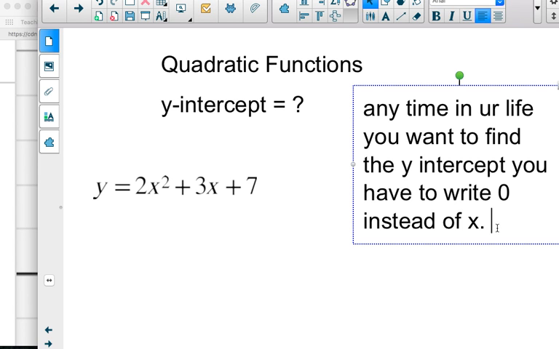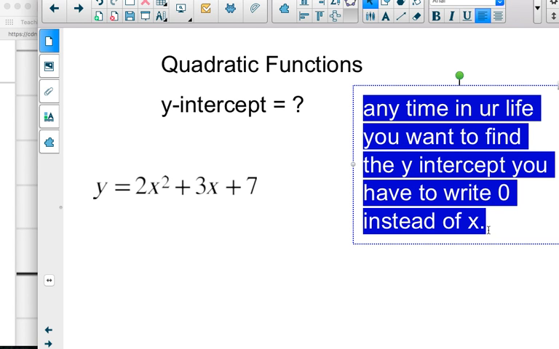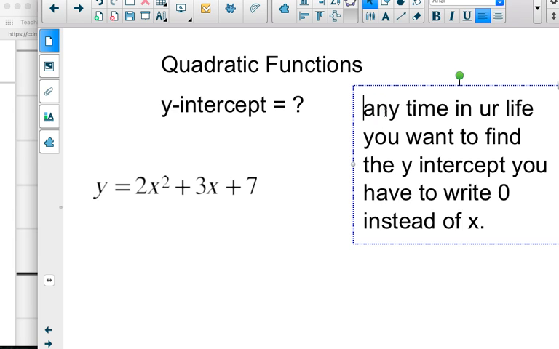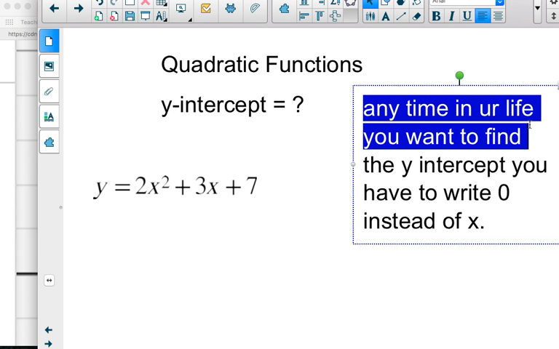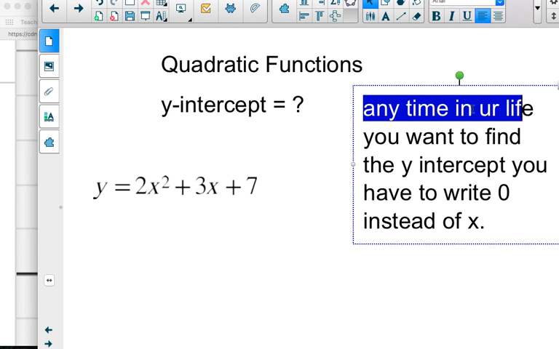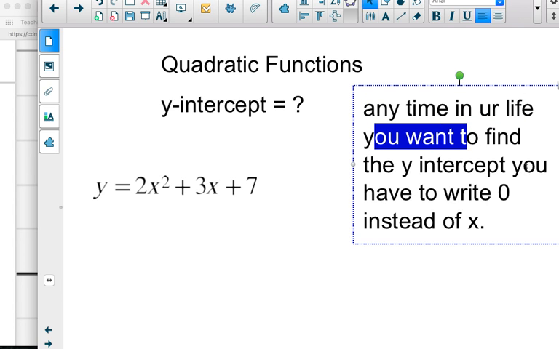Pause the video right now and write this on your inspiration cheat sheet. Okay? Right now. And you can show me that by the end of the class, and it would have a huge impact on your participation grade if I see that you're actively updating your inspiration cheat sheet. This is really important. Let's read it together again. Anytime in your life, okay? You don't have to write it in your life, of course. You want to find the y-intercept, you have to write 0 instead of x.